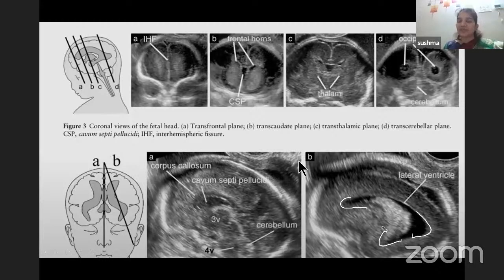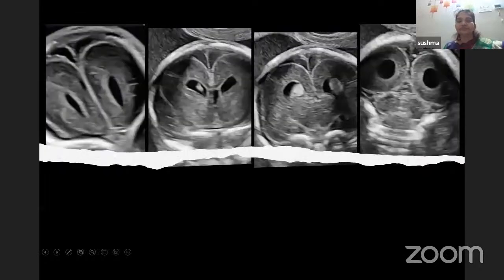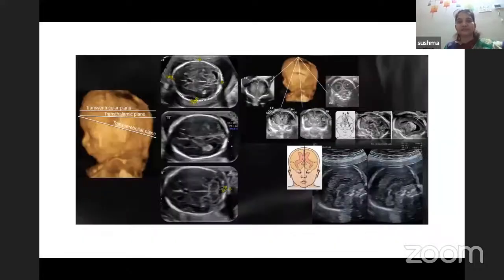But as I discussed before, first get familiarized with the 3 axial sections. These sections, especially the coronal sections, are not really done in routine practice. Again, these are the 4 coronal sections that we can get, from the anteriormost plane to the posteriormost plane. But I'll move forward.